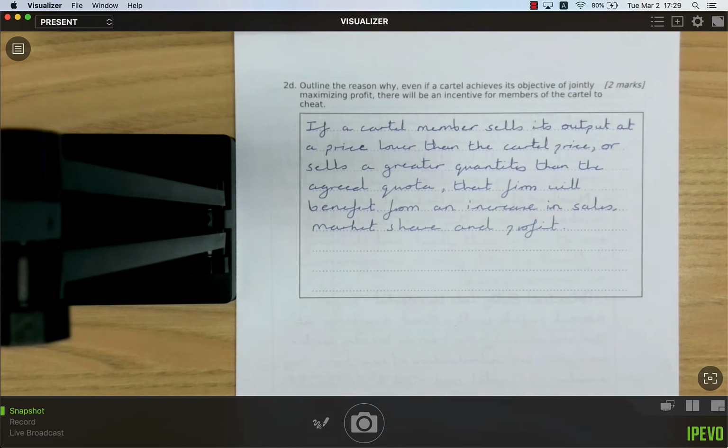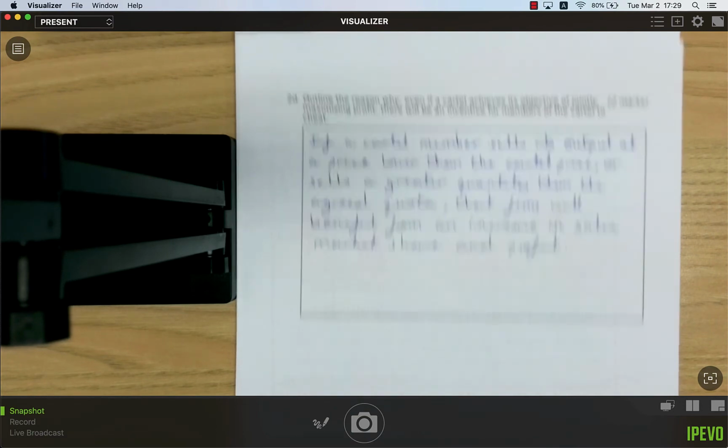So if a cartel member sells its output at a price lower than the cartel price, or sells a greater quantity of output than the agreed quota, that firm will benefit from an increase in sales, an increase in market share, and most likely an increase in profit. So that's why these firms cheat. It's in their financial self-interest to do so. And again, I really hope that makes sense.